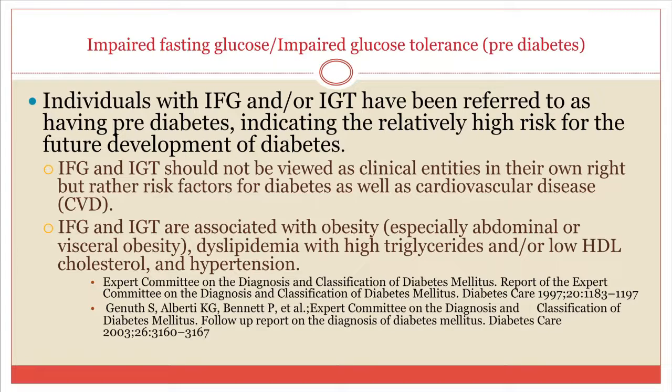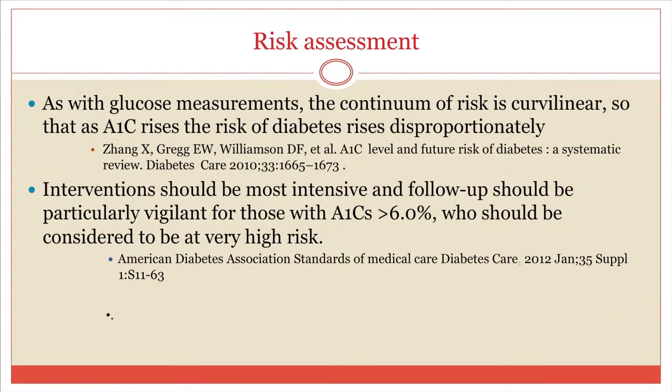But I think at this point, if we wait for them to become type 2, it's hard to get them back from that once the beta cells have failed. The risk is sort of curvilinear, so that as the A1C rises, the risk of diabetes rises disproportionately.